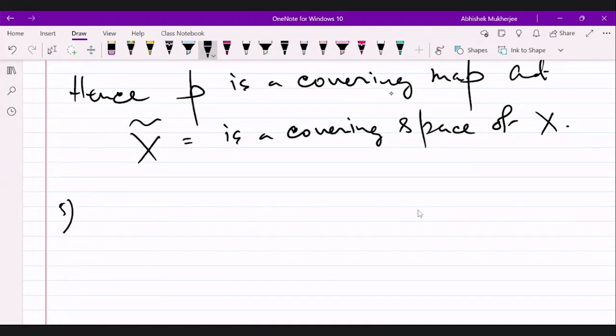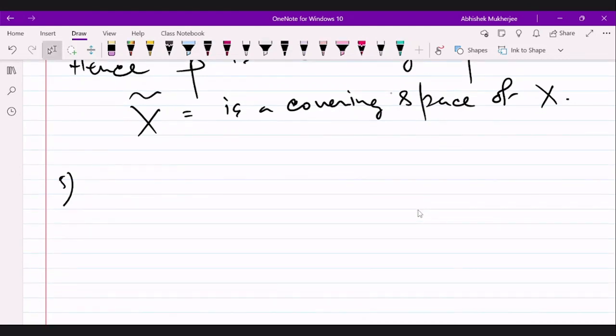So now we have already seen that R is a covering space of S1, right?